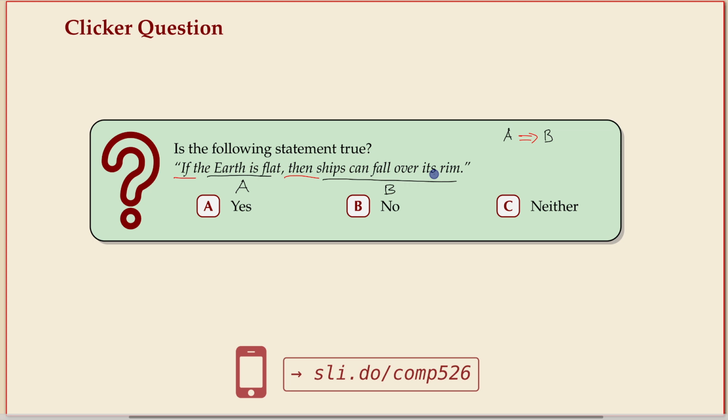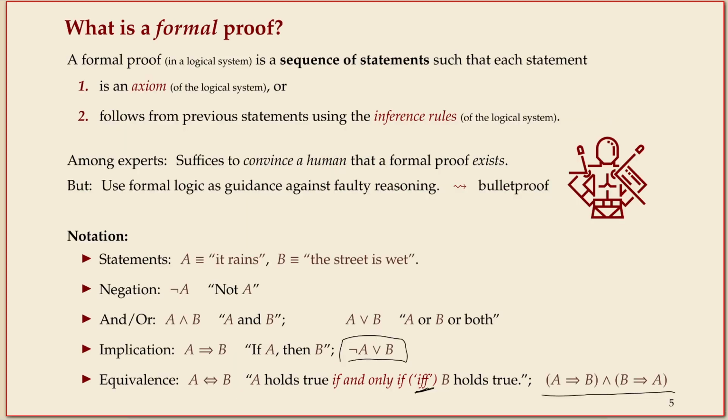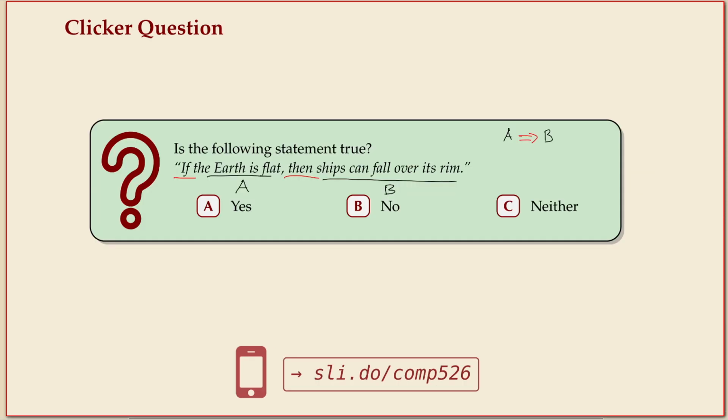Now, that hasn't helped us so much yet. But remember what we said. An implication formally, if you have to check it in detail, you should replace it with not A or B. So we can also write this as not A or B. I haven't invented a symbol for this.